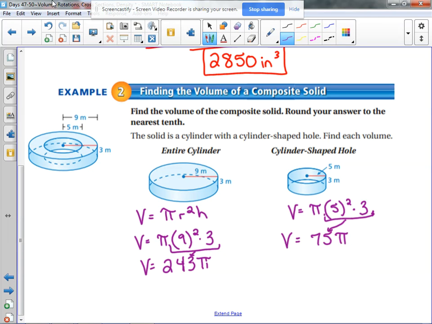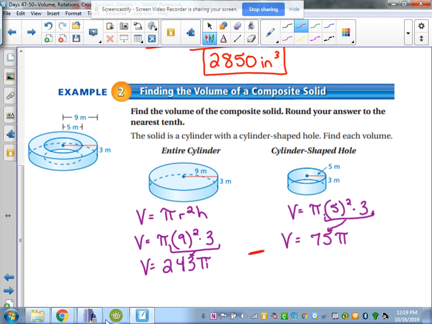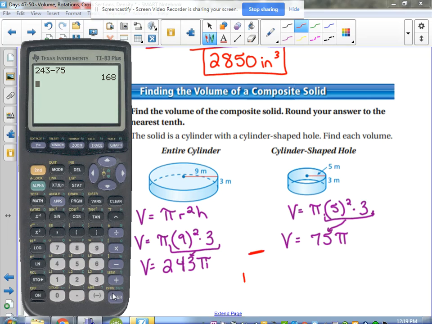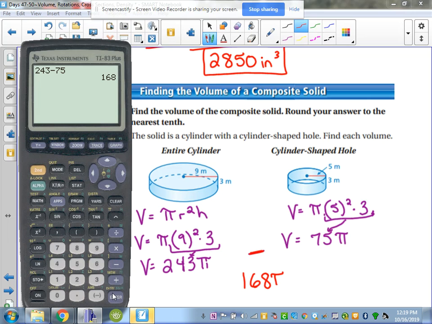No, we're going to subtract because we took it out. If you take something out, you are subtracting. So if we subtract, now with it in terms of pi, since they both have pi, we can just do 243 minus 75. So we get 168 pi.